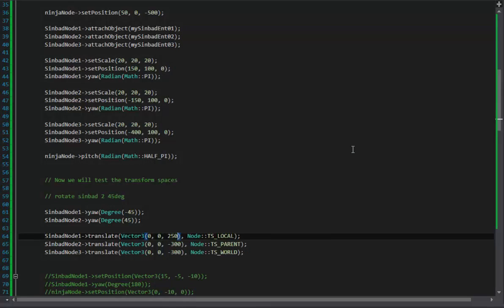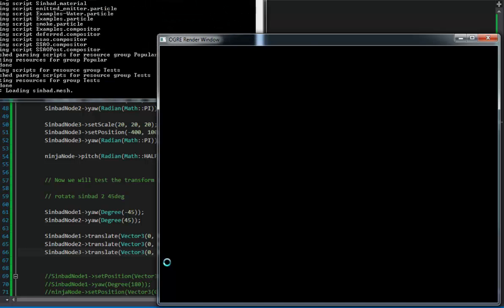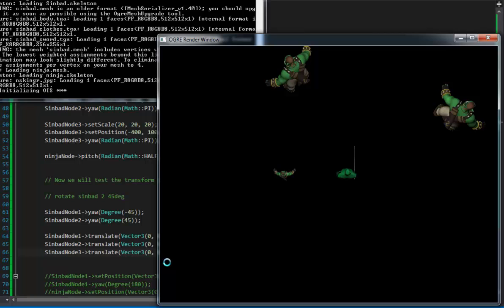Actually, to make this a little bit more visible, let's make this 1,500 units. Now Sinbad 3 should go way away from the camera on the z-axis, so we should see it very, very small. Okay, and that's what you see. The third Sinbad goes all the way down because it goes on the vertical axis, or rather the z-axis of the world.